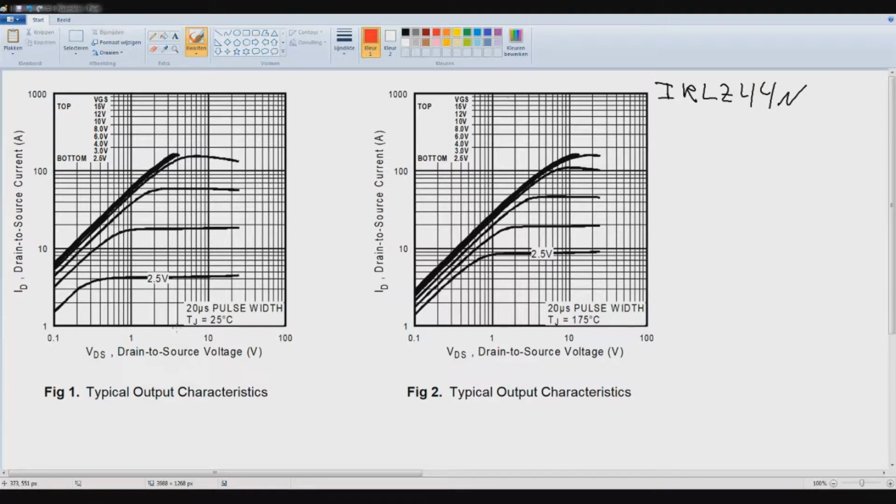First thing is figure 1, which is the typical output characteristics. That is the drain current, so the input current of the MOSFET, versus the drain to source voltage.